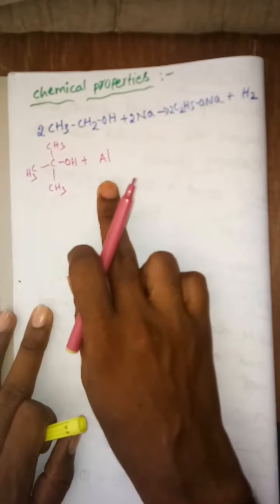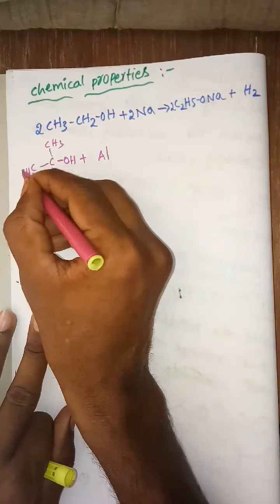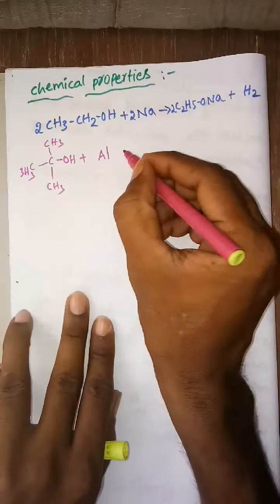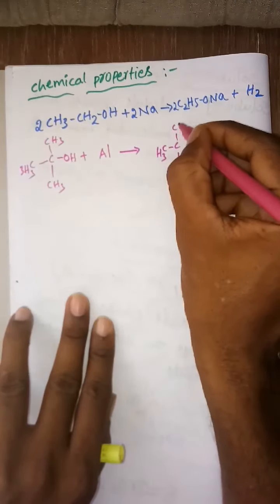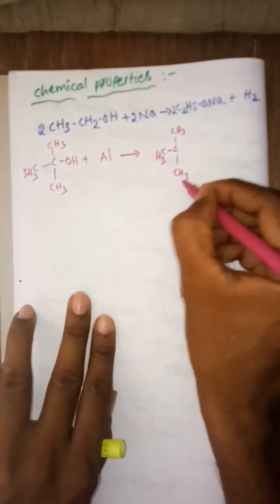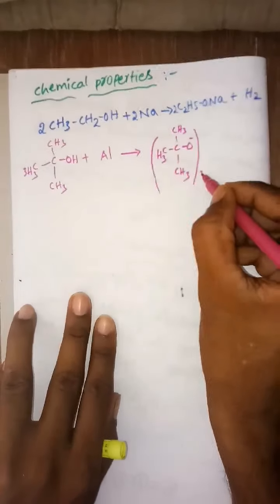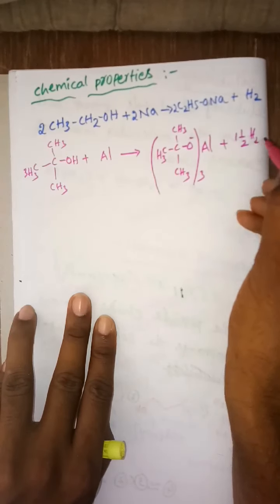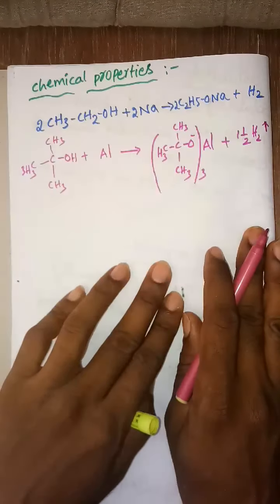Aluminum's oxidation charge is 3, so we need to take 3 moles of tertiary butyl alcohol. 3 moles of tertiary butyl alcohol react with aluminum to form (CH3)3CO taken 3 times with Al, plus 1.5 moles of H2 gas released.